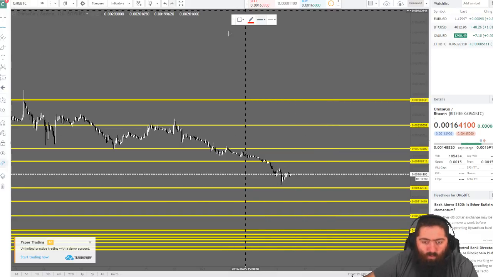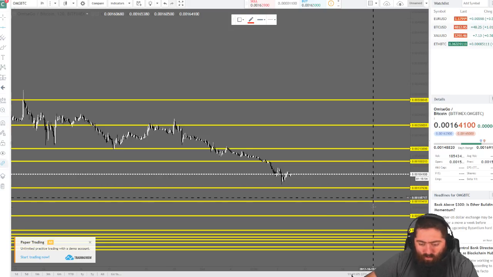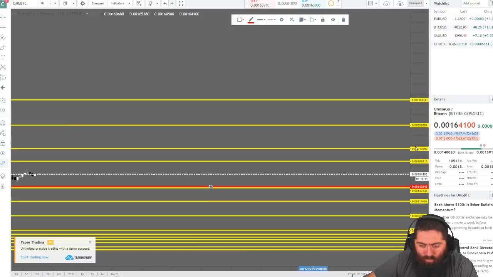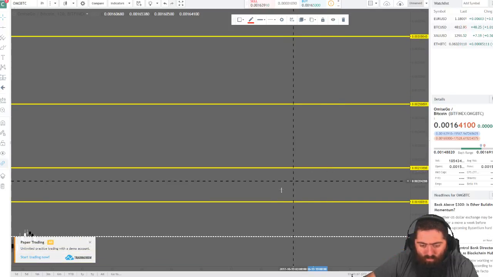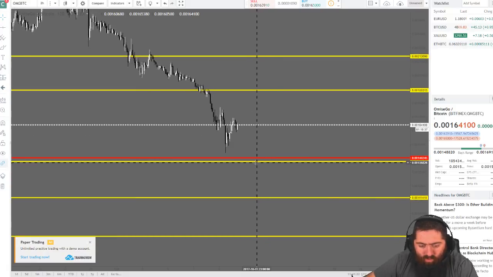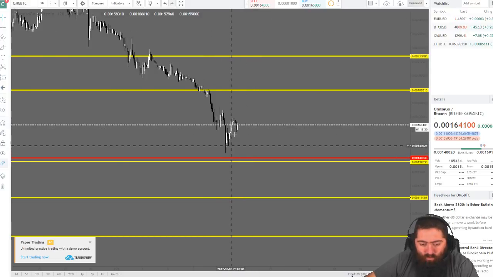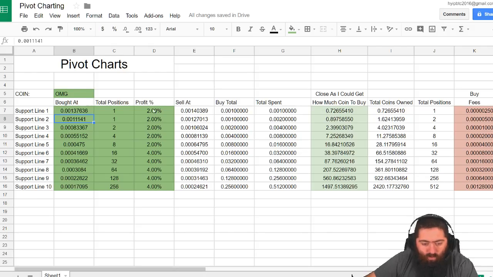I already forgot what the number was that quickly. 1400.389. Zoom these out a little bit. So if we buy here at 2% profit, we could take it here. We can always adjust our profit percentage and how much we want to make on our spreadsheet.